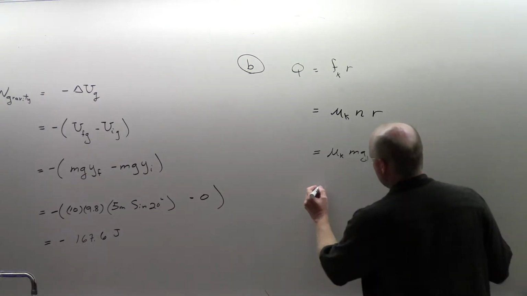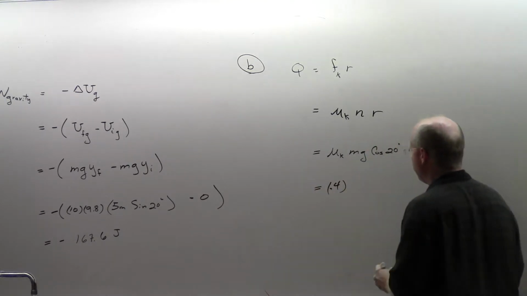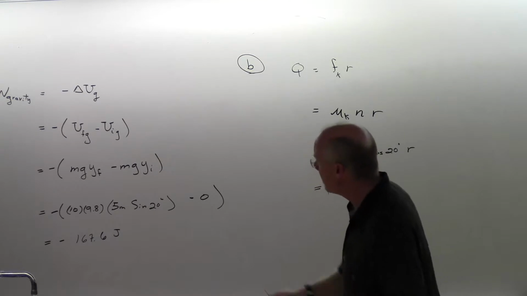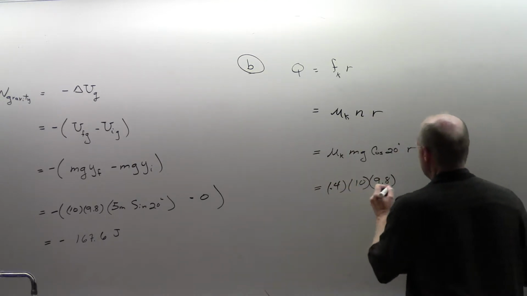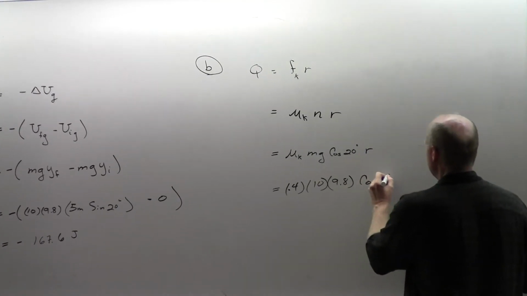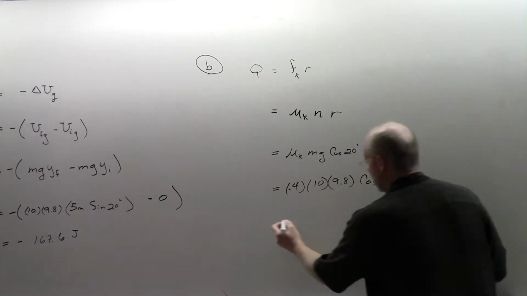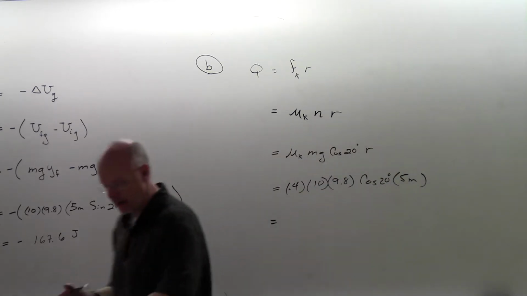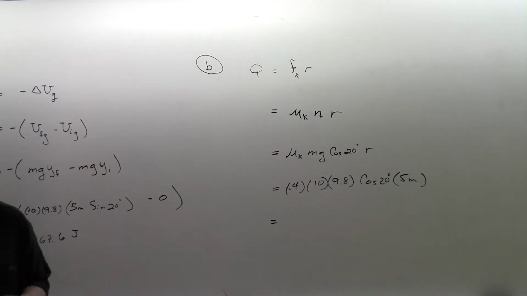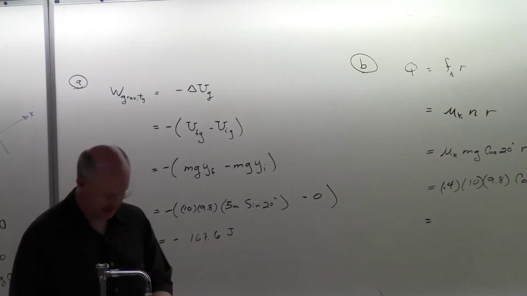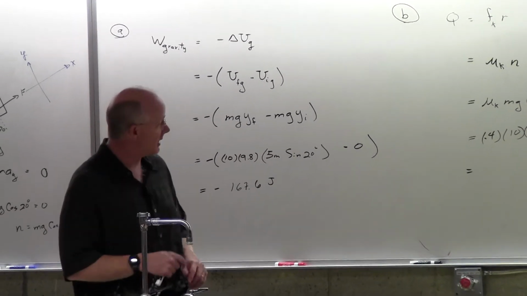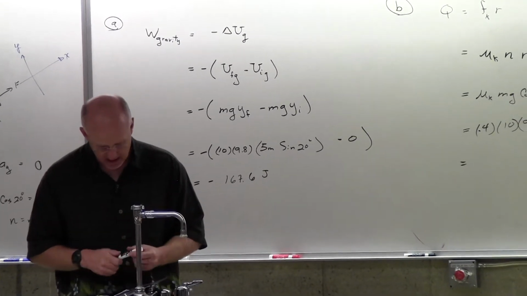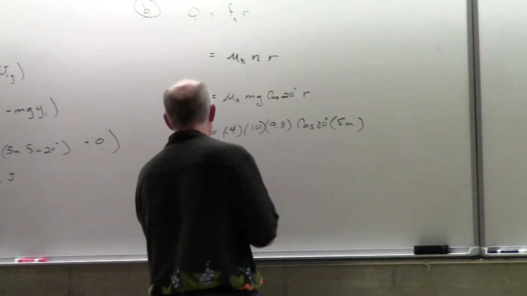So now I can answer this problem. So it's 0.4 for the coefficient of friction, if I remember right. The mass is the 10. G is the 9.8, cosine of 20 degrees, and it goes 5 meters. So putting all that in can answer that question, how much energy of heat do we get? So 0.4 times 10 times 9.8 times cosine of 20 degrees times 5 equals 184.